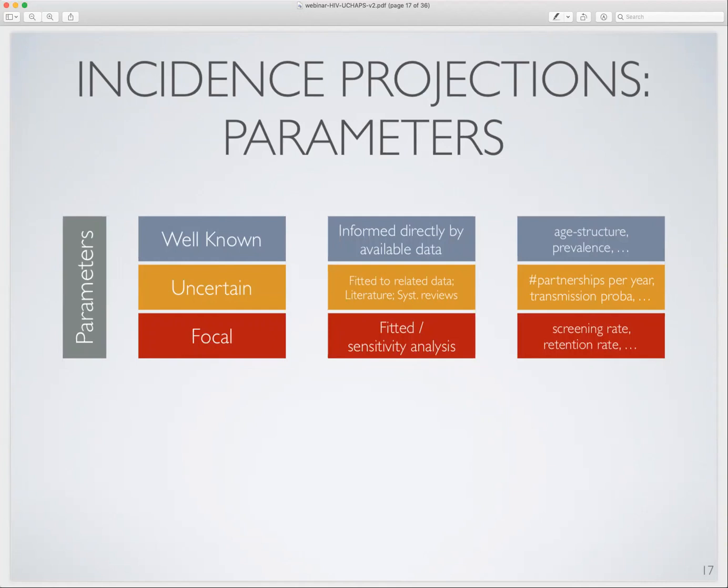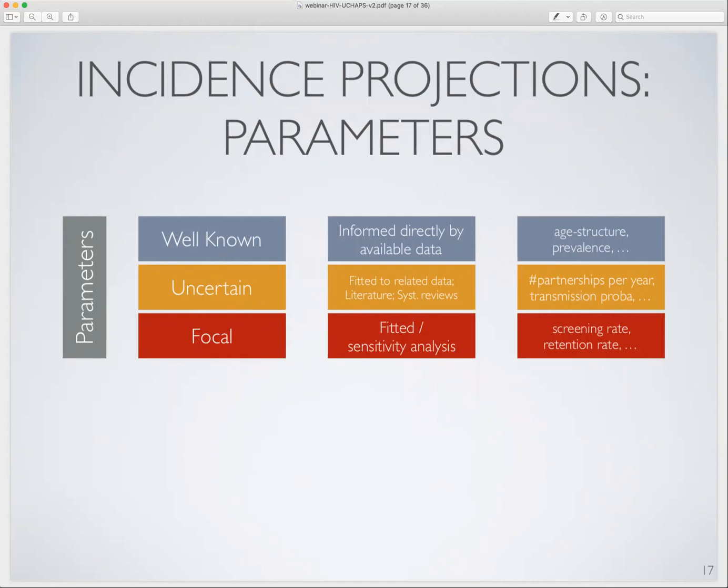So we could infer this probability from incidence data, for example. So it's an indirect way to gather information about a specific parameter. An alternative is to use estimates from the literature that may or may not be fully relevant to your particular study. And in this case, systematic reviews and meta-analysis are particularly useful.